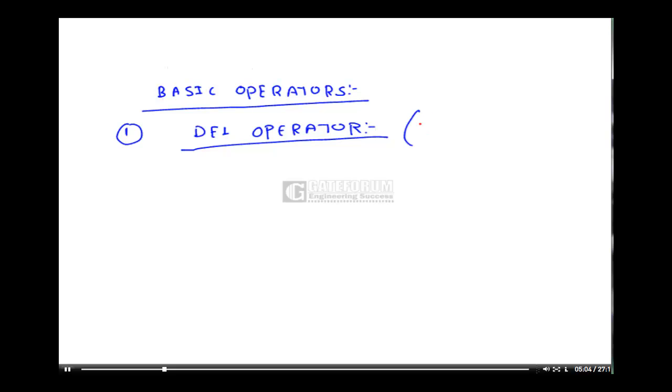The symbol is like this, del. This is one of the important symbols. We can define del as a vector differential operator.